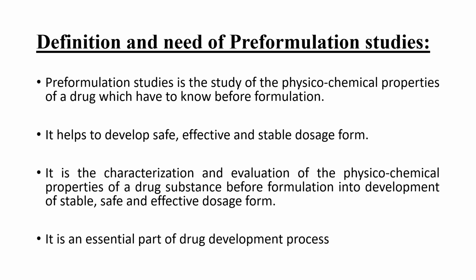So it helps to develop a safe, effective and stable dosage form, and it is an essential part of any drug development process. It is the characterization and evaluation of the physico-chemical properties of a drug substance before performing any formulation and development of a stable, safe and effective dosage form.